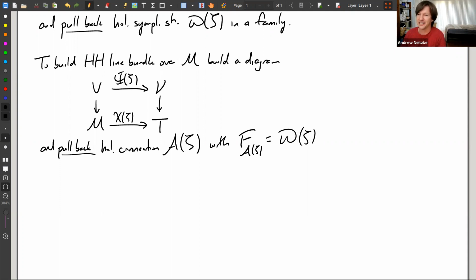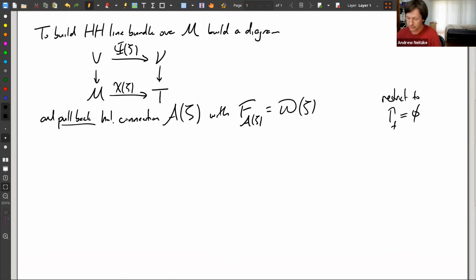And in the full generality of this story, the curvature is not always integrally quantized. So let me restrict to the case where this flavor lattice is trivial. And then the curvature actually is integrally quantized, and I can literally make a hyperholomorphic line bundle. Otherwise, I have to make something slightly more general, I think. But let me restrict to that case.